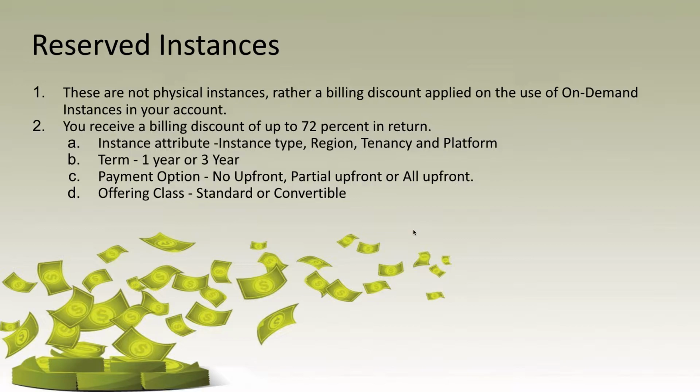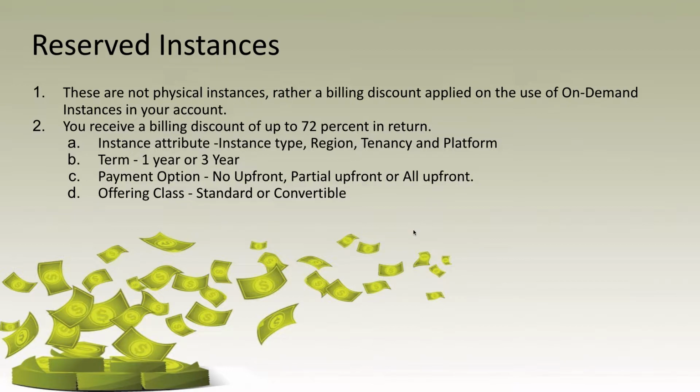That means what type of instance you are choosing, in which region, what tenancy you are choosing, default or dedicated, whether you are going with a Windows or Linux platform, and whether you are going with a 1 year or 3 year plan. The longer the term you choose, the more discount you will get. It also depends on whether you want to pay everything upfront, nothing upfront, or partial upfront. Depending on that as well, your discount will vary.